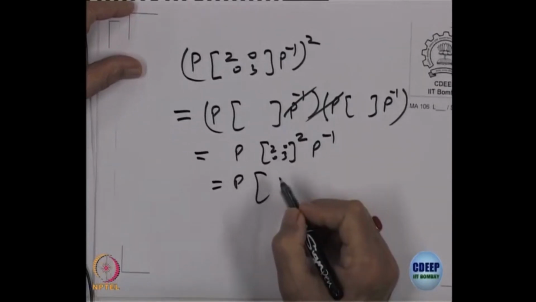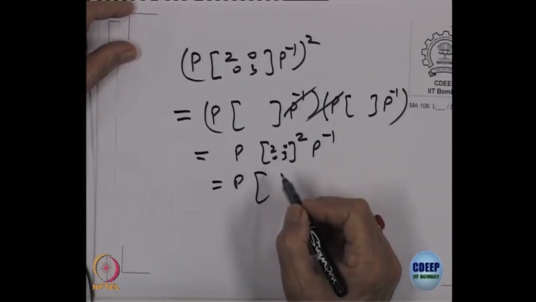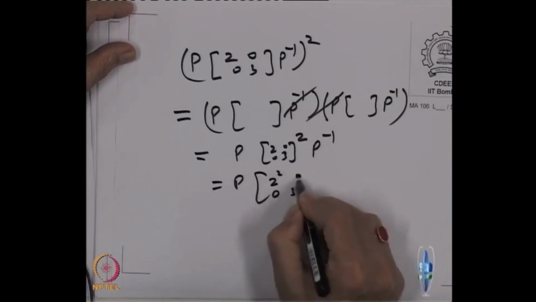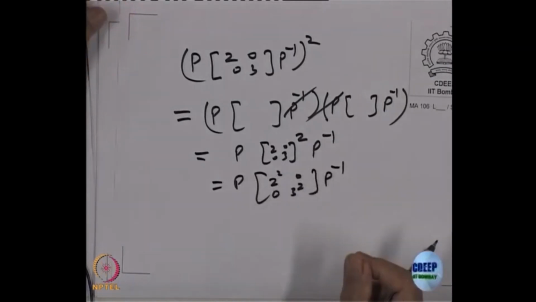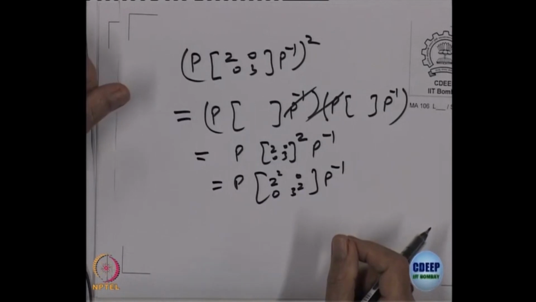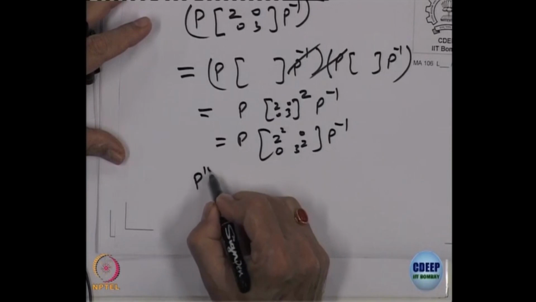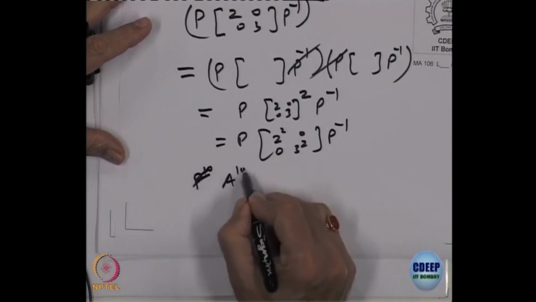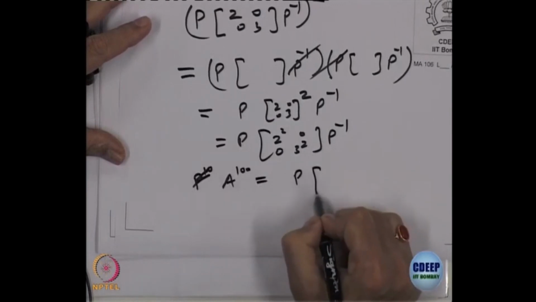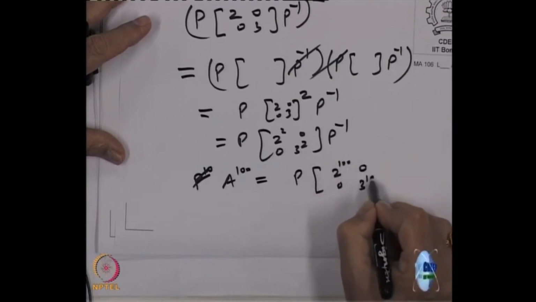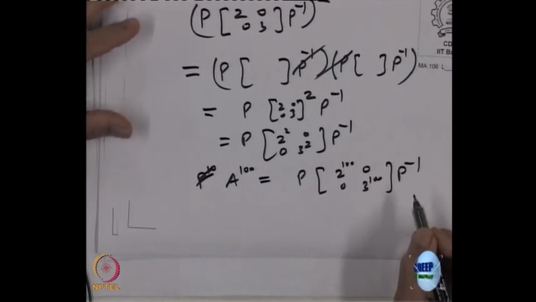The square of the diagonal matrix is 2 squared, 3 squared, 0, 0. So A to the power 100 will be P, 2 to the power 100, 0, 0, 3 to the power 100, P inverse.